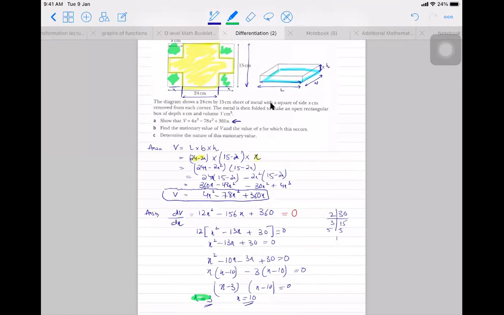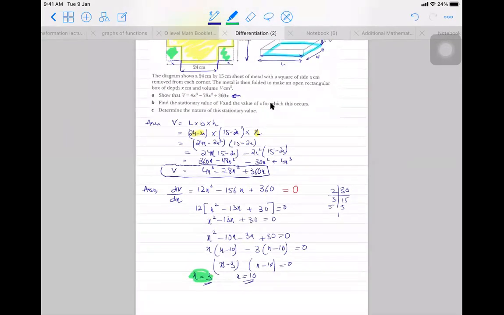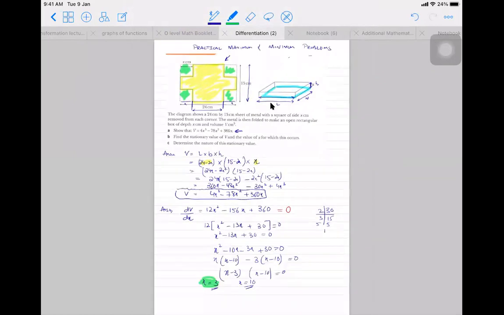Because the height is supposed to be small. Basically the reason is that the sides should be positive. So if you remember, the width was coming out to be 15 minus 2x. If I take x as 10, this would make my breadth negative, which is not possible. So the right answer is 3.